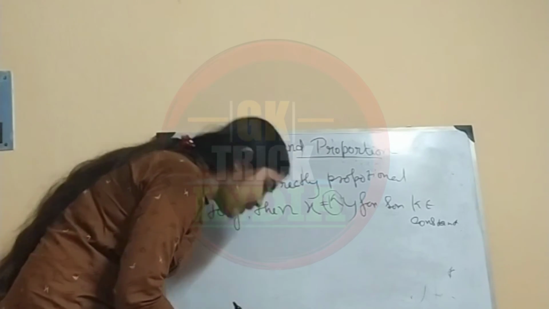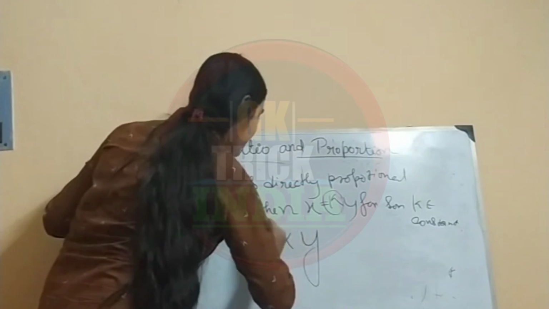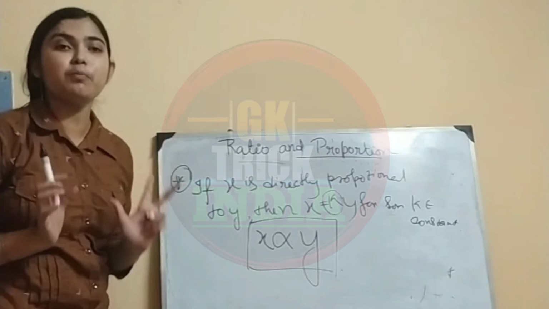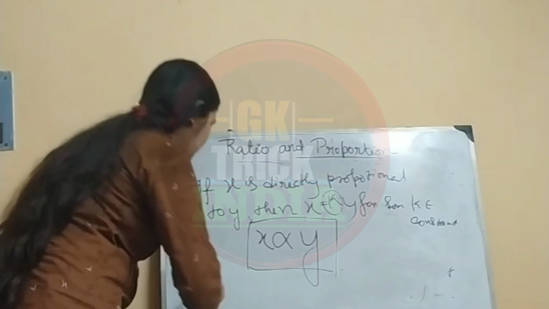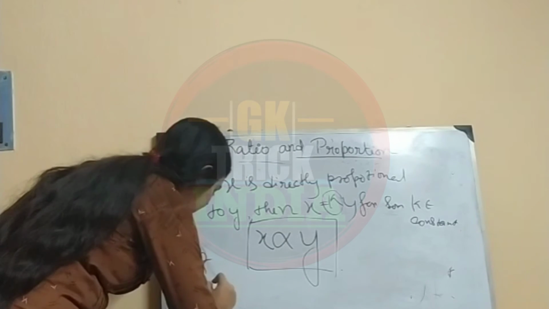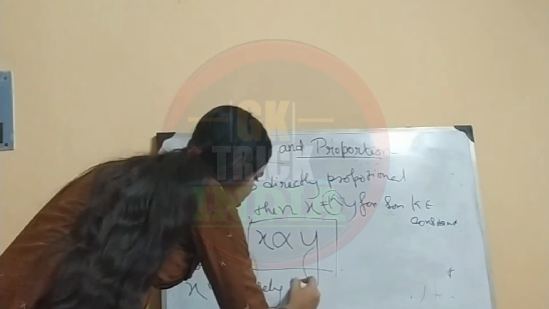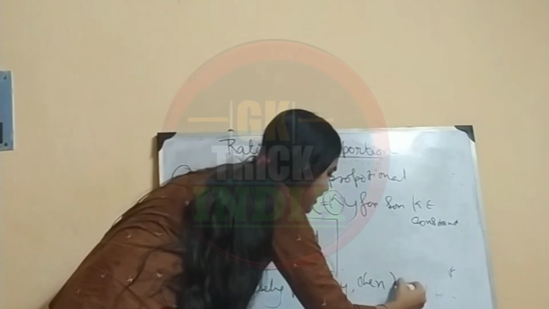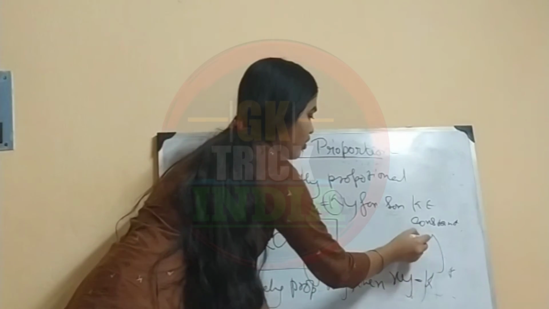It is also written as x directly proportional to y. And guys, if x is inversely proportional to y, then what can we write? Then we can write xy equals k, again for k constant.